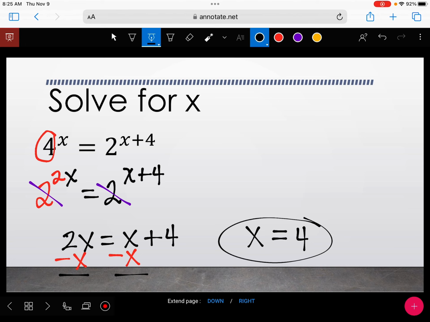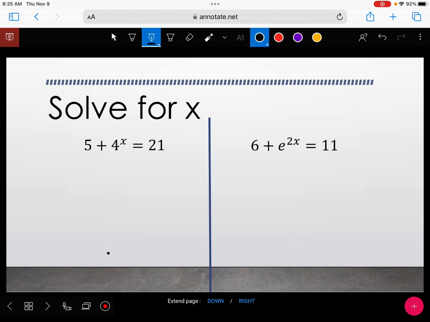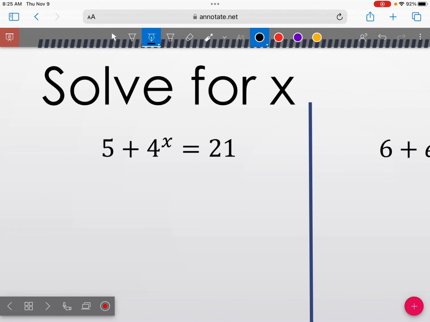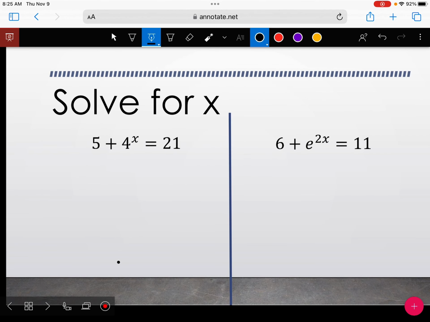Our next equation can also be written with a common base. So looking at this equation, you may not notice that. I'll give you a minute to copy it down first. Go ahead and copy down both of those equations.